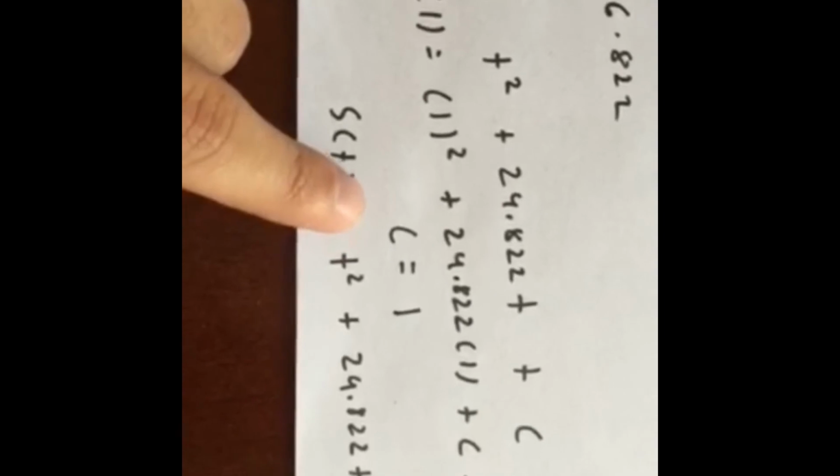Anywhere there's a t in our function, we plug in a 1 again. So we have 1 plus 24.822 plus c equals 26.822. So we know that the constant c in this position function is equal to 1. So our position function at any given time is t squared plus 24.822t plus 1. And you guys have a great day.